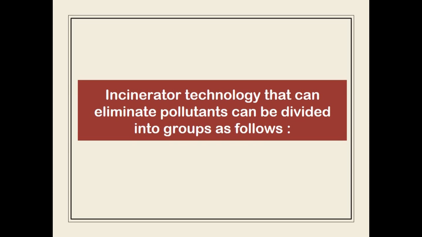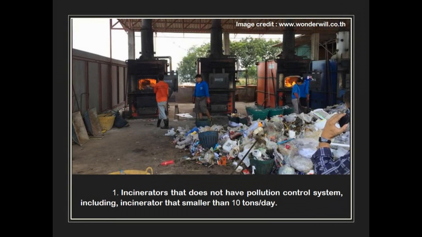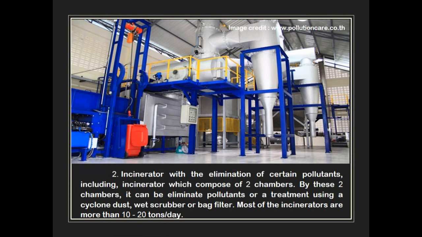Incinerator technology that can eliminate pollutants can be divided into two groups as follows. 1. Incinerators that do not have a pollution control system, including incinerators smaller than 10 tons per day. 2.